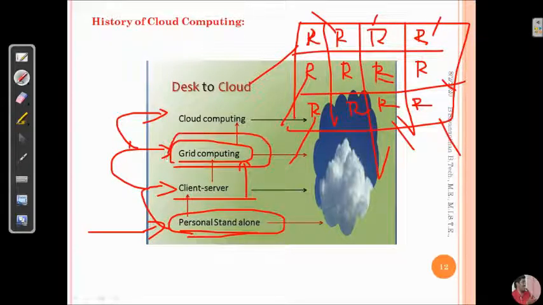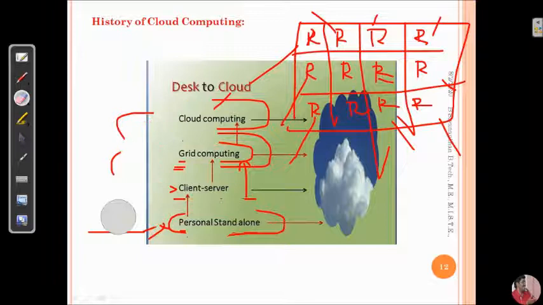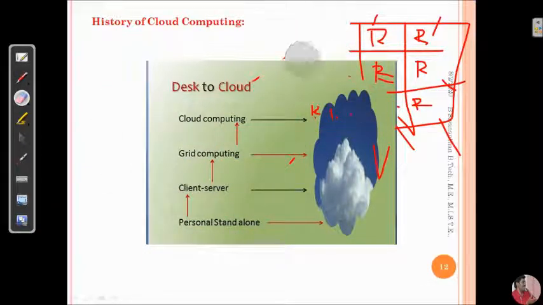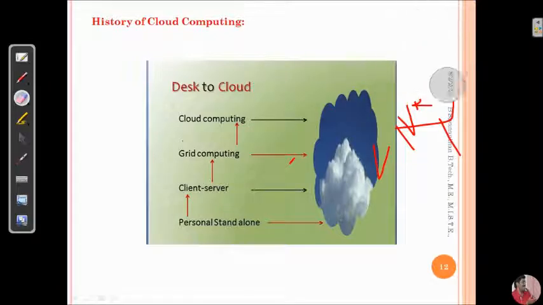That is called grid computing. And now we are in the era of cloud computing, and this is where cloud computing has evolved.